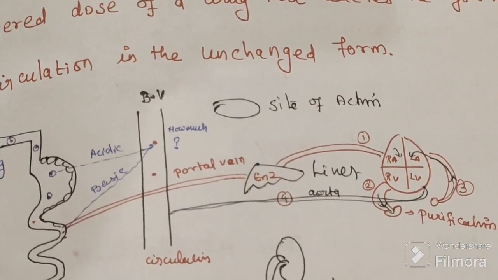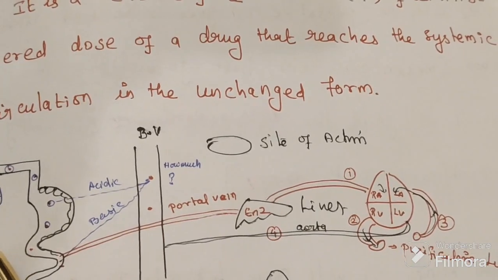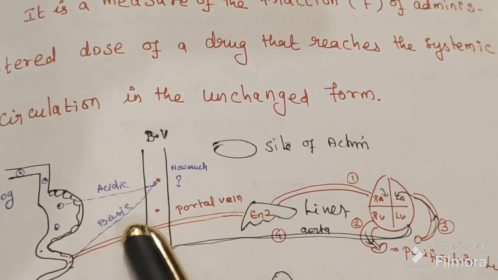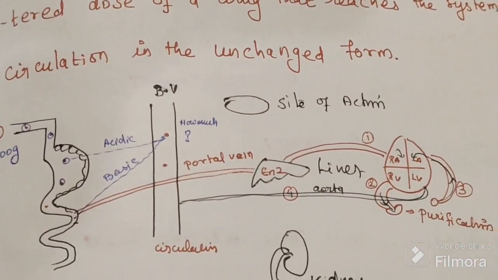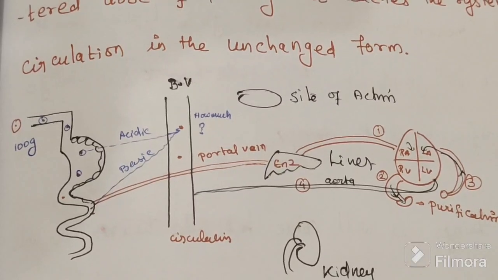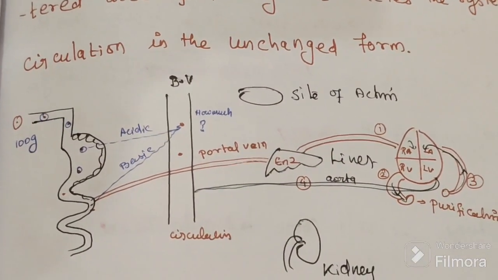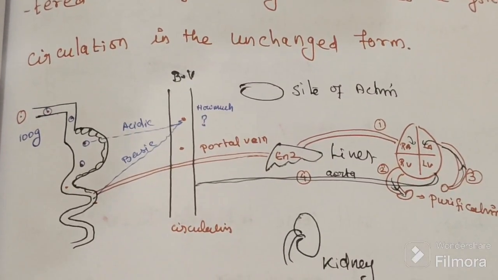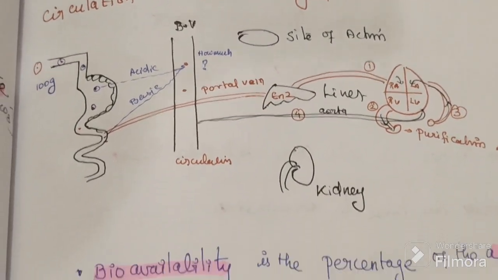If I have given 100 grams of a drug orally, how much is reaching the circulation? Maybe only 70, 80 or 90 grams is reaching, but it is never 100 by the oral route.